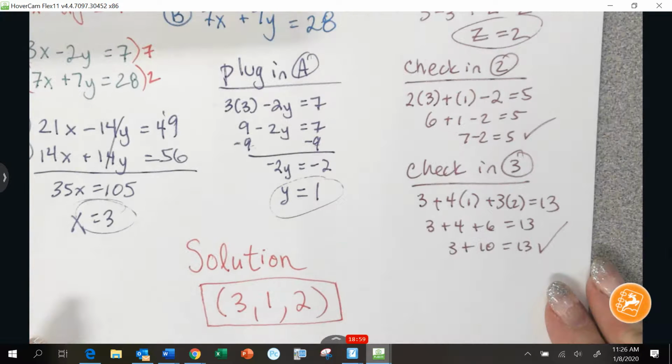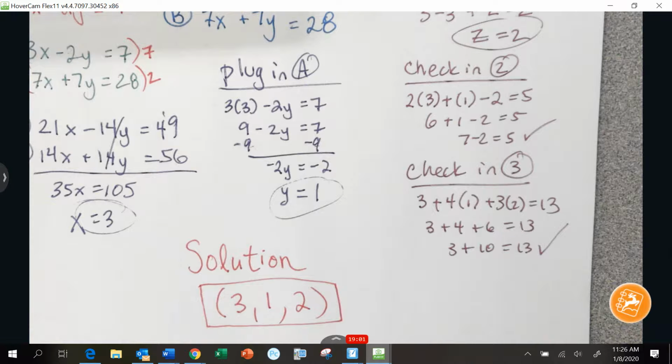After you plug in 1, check in 2, check in 3, if everything checked out, that means you did it correctly. We have our ordered triple answer.